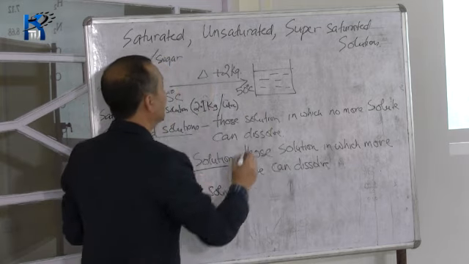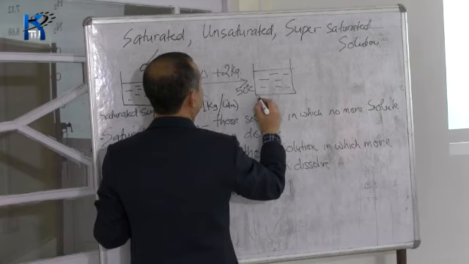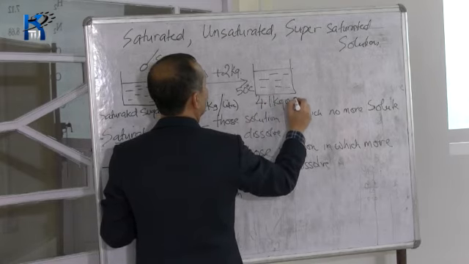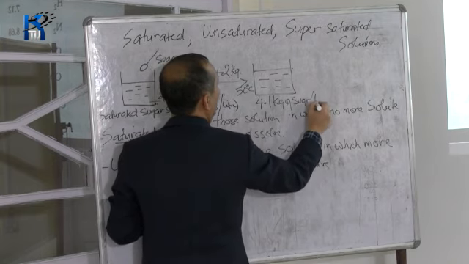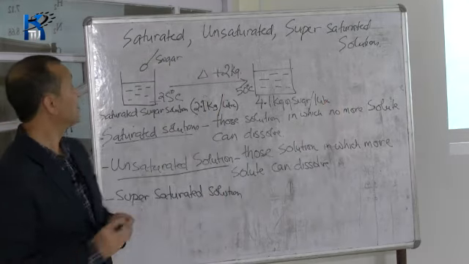Therefore, at this temperature you have 4.1 kg of sugar in 1 liter.